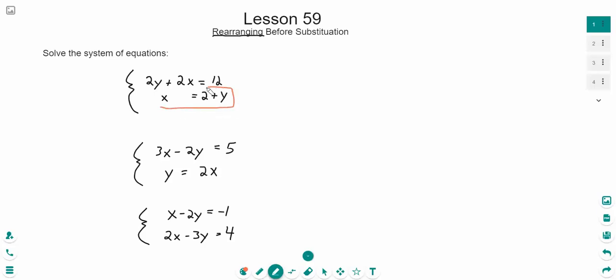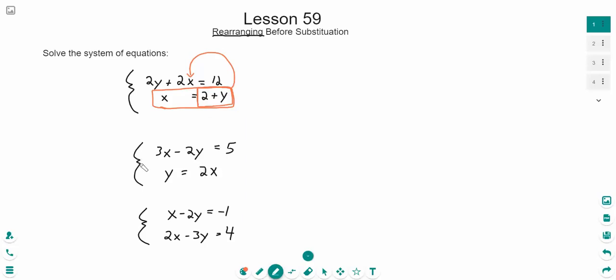So why can't we just take this x equals 2 plus y and substitute that in for this x in the first equation, right? So we substitute in this 2 plus y into this x in the first equation, and then we have an equation that just has y's in it, and we can solve for y. And then we can finish by plugging y back in and solving for x, right? That's what we've been doing up to this point.